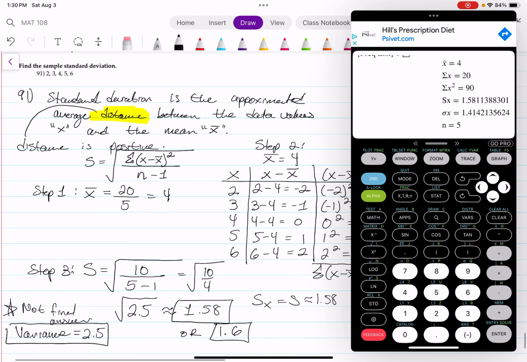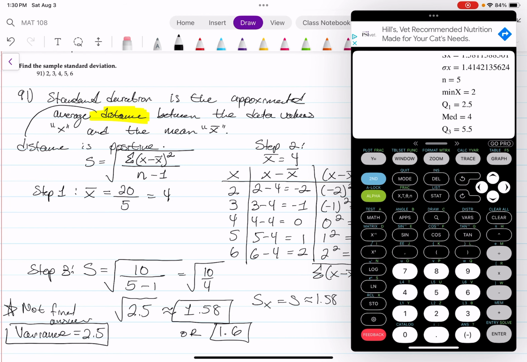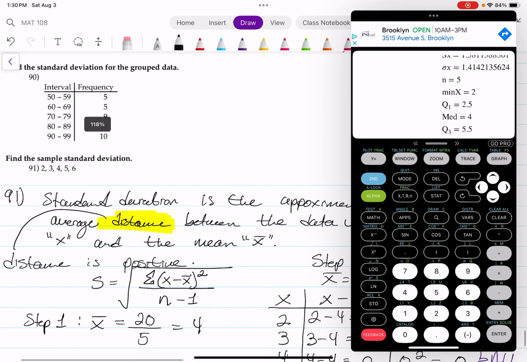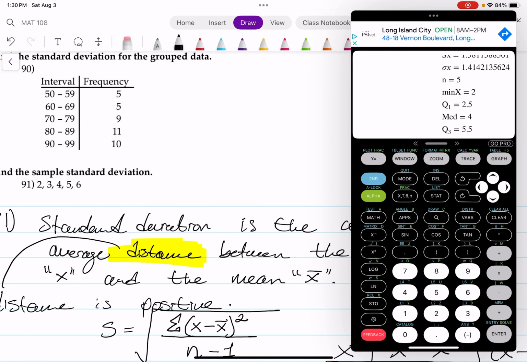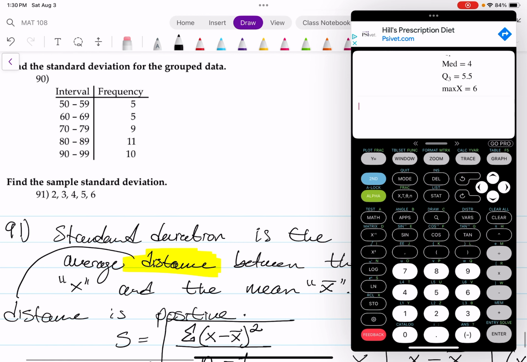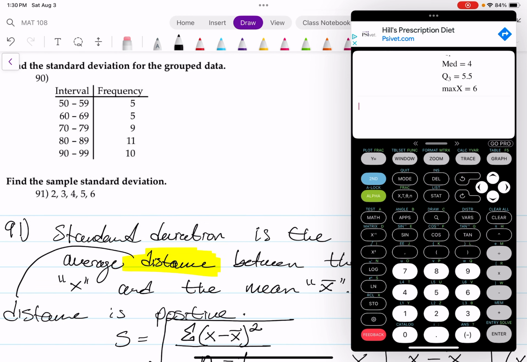We are going to move on to question number 90. Now for number 90, I am still going to utilize the TI-84 calculator because you want to find the standard deviation for the group data set. For this question, I'm only going to find the midpoints of each class.